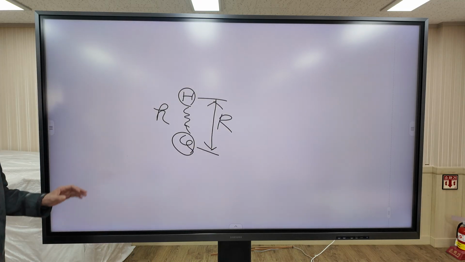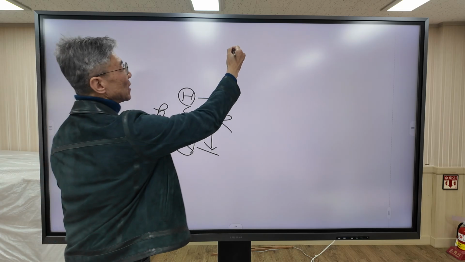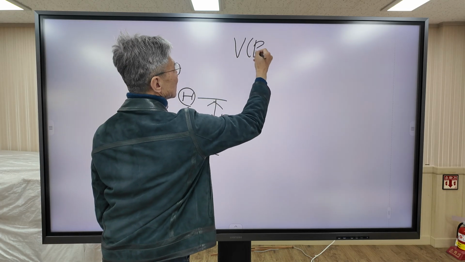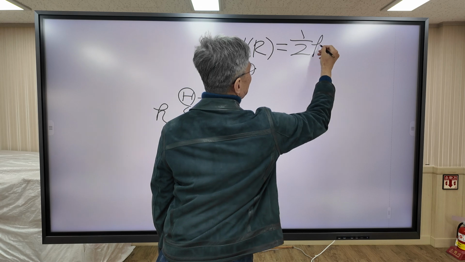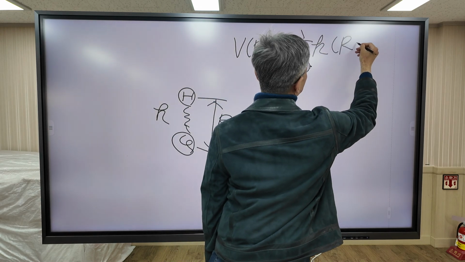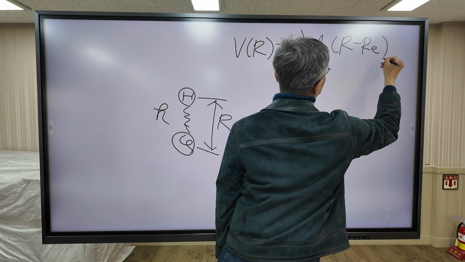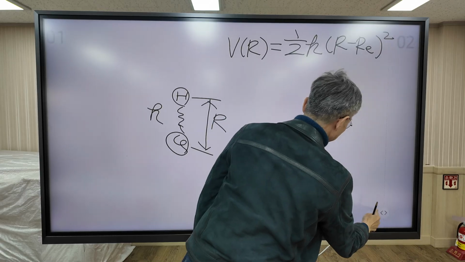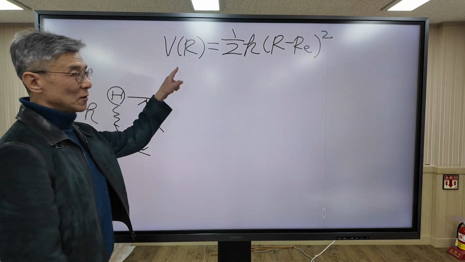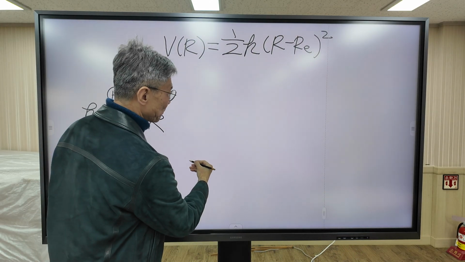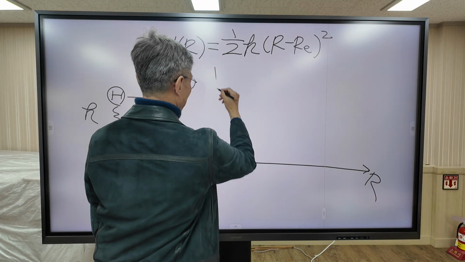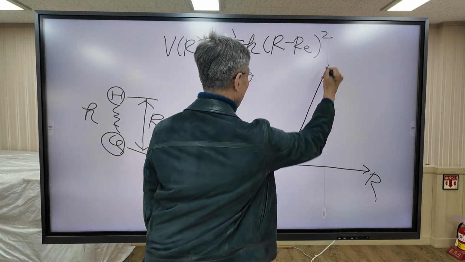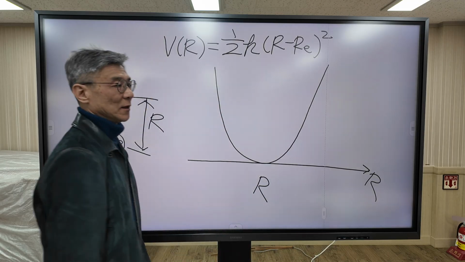And according to a physics textbook, the potential energy expression looks like this. So when I draw this potential energy curve, the curve looks like this.